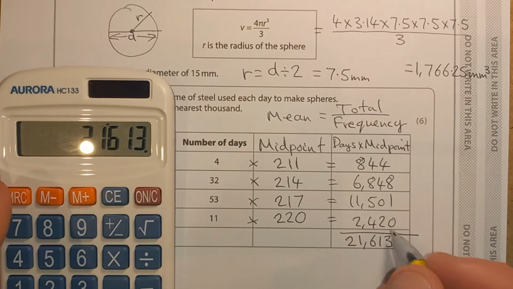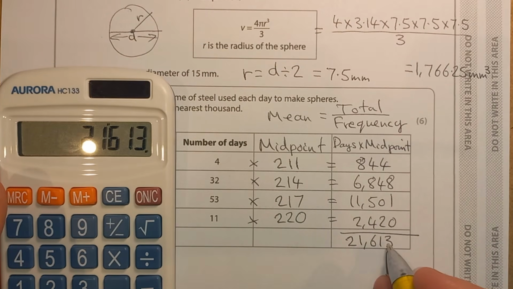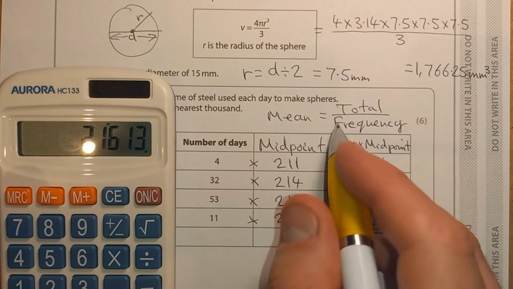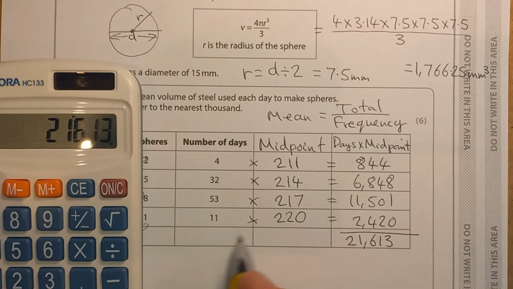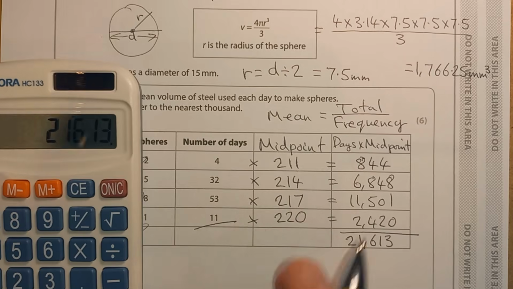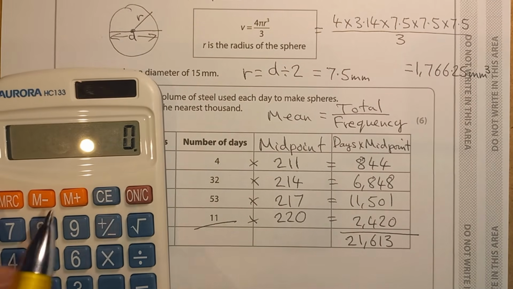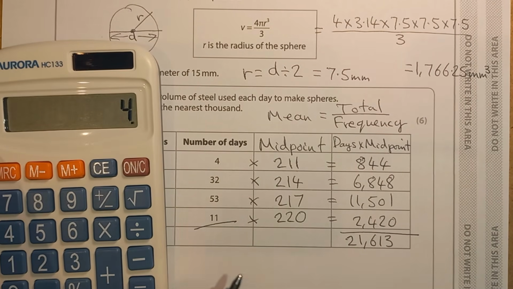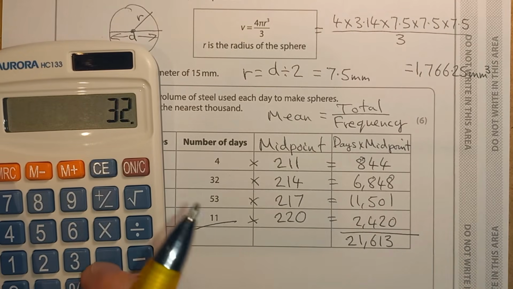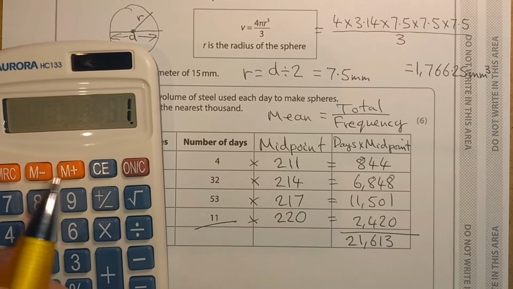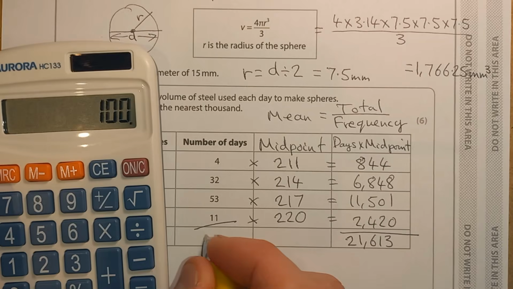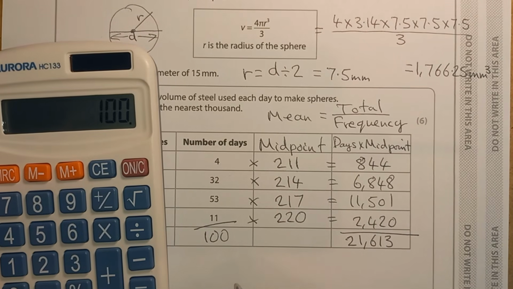So this is our total number of spheres made. We need to divide it by how many days there were. Well, it's going to be the 4 plus 32 plus 53 plus 11, which they've actually already told us was 100 days, but we're checking.